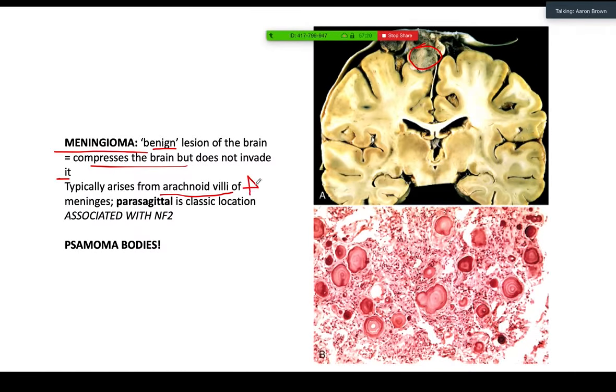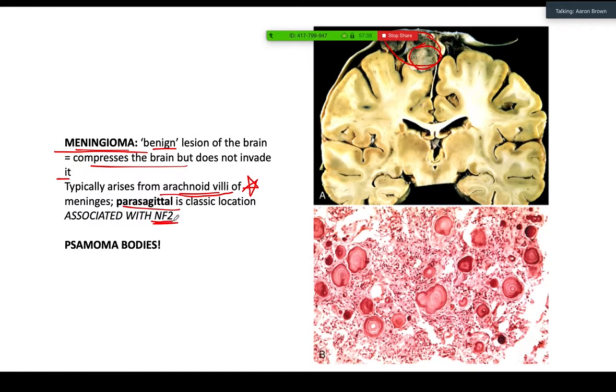That sounds important. So if you ever get asked where meningiomas grow from, arachnoid villi, typically parasagittal. So right here is the most common area to have it, and this is associated with neurofibromatosis type 2.